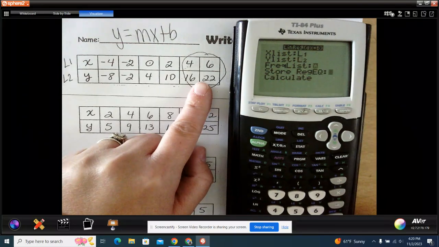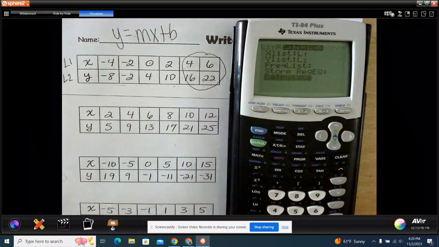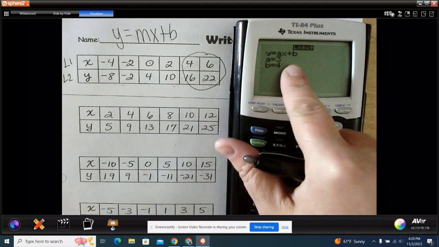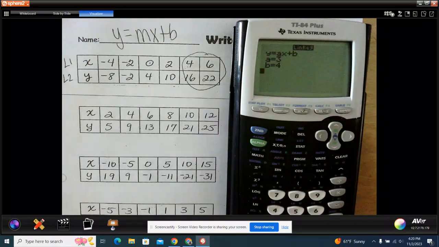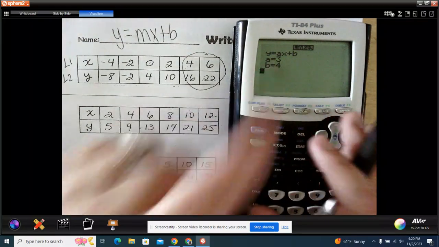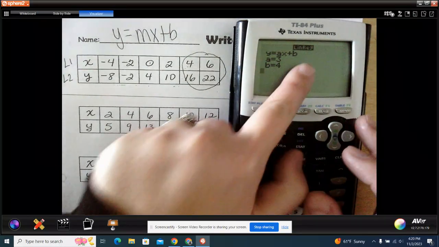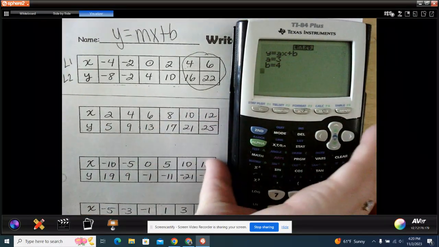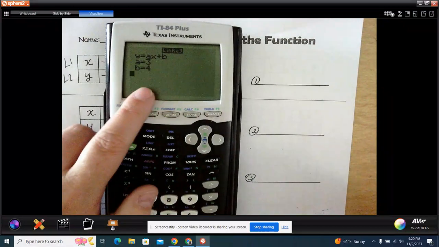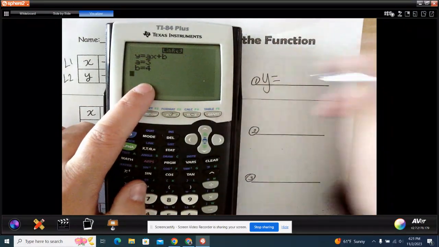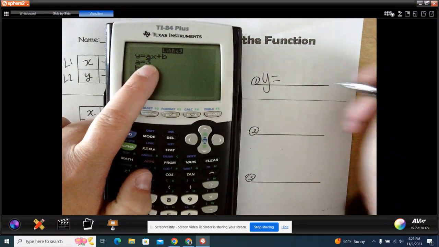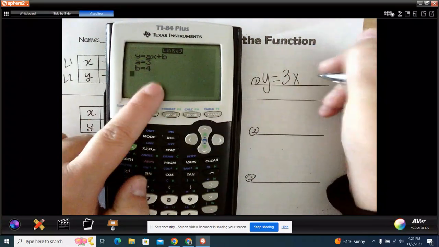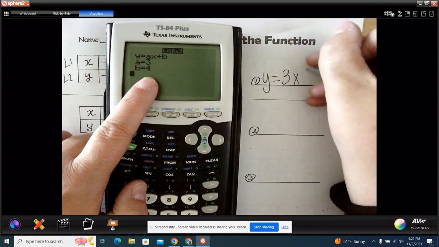We're going to press enter till we get all the way to calculate, and then it gives us our A and a B. So our A is the same thing as our M, and then our B is still our B. So for this graph, we have y equals, A is going to be 3, so it'd be 3x, and then since the 4 is positive, it will be plus 4.